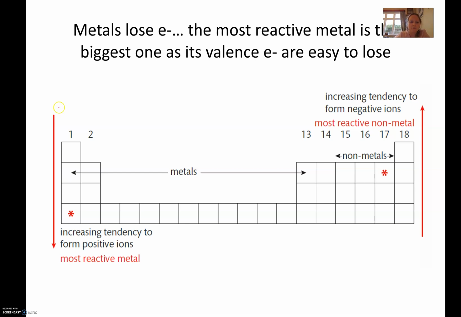The most reactive metals we'll be talking about are at the bottom of group 1, because one electron's very easy to lose, and down the bottom you've got the most energy levels. Your most reactive non-metal, we ignore the noble gases because they're not reactive, is going to be fluorine, which is up here, and that's because it wants one electron, and it's the smallest. So that's just there.